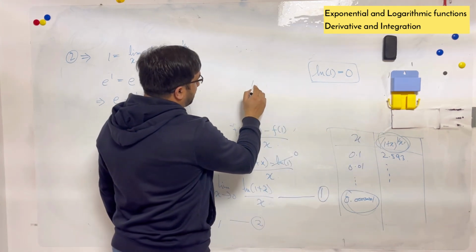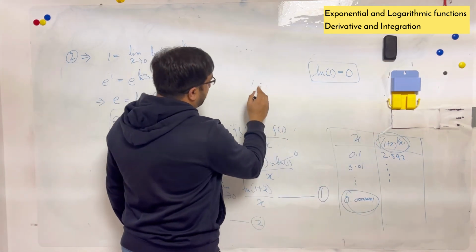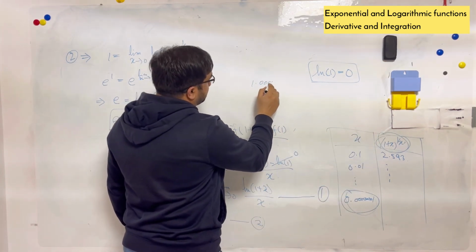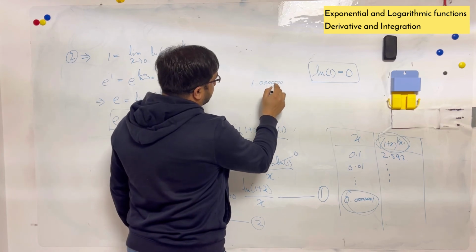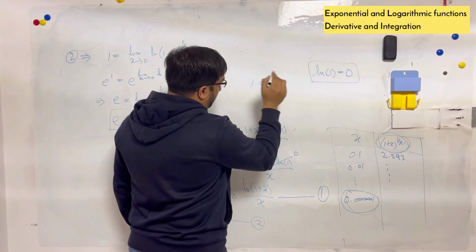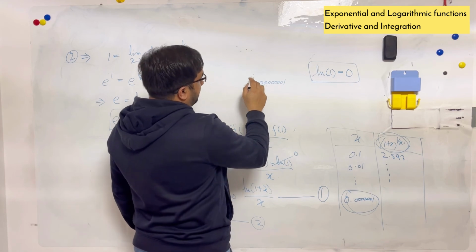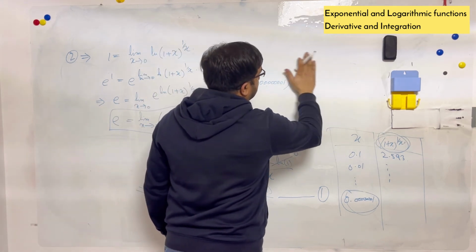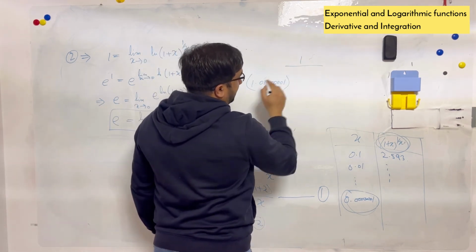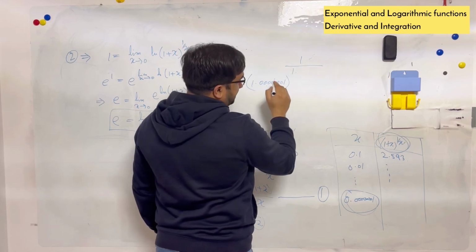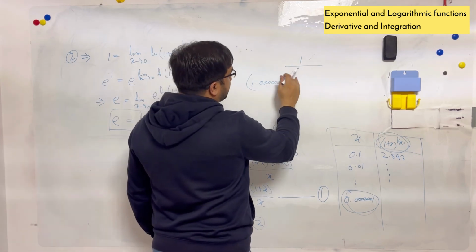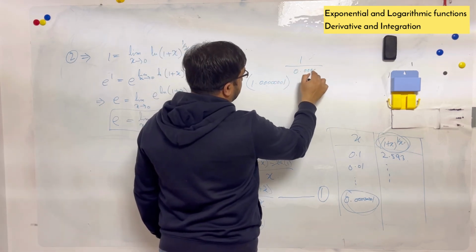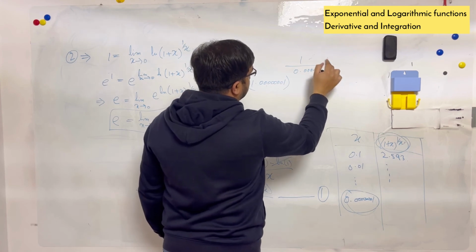So it is 1 plus this guy, means 1 plus 0.7 times 0.1, raised to the power 1 divided by 0.7 times 0.1.